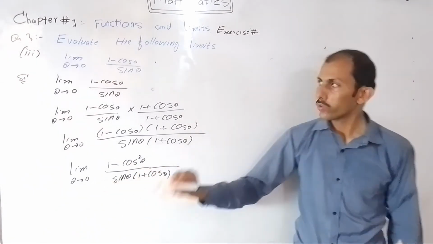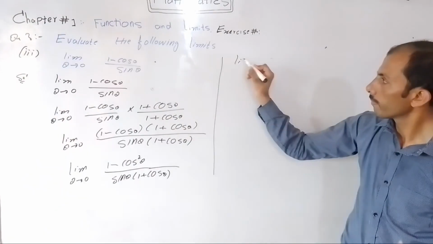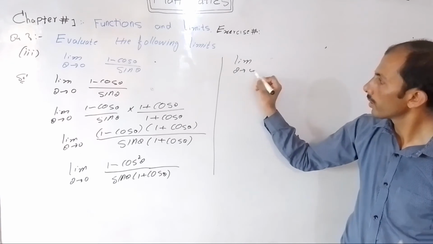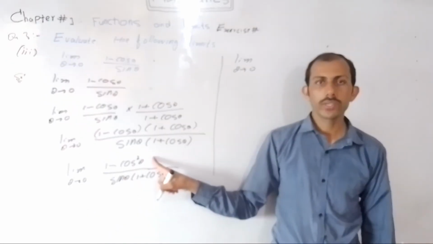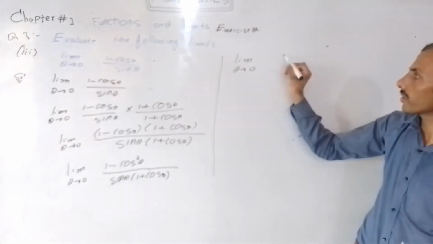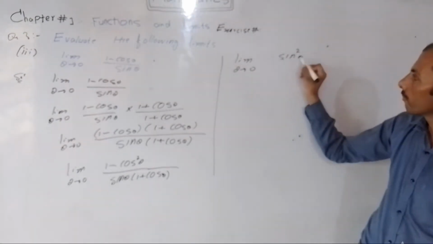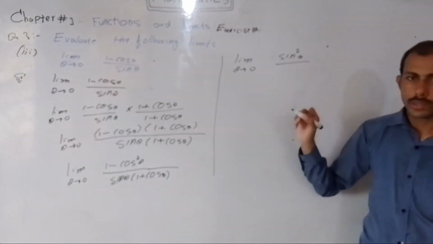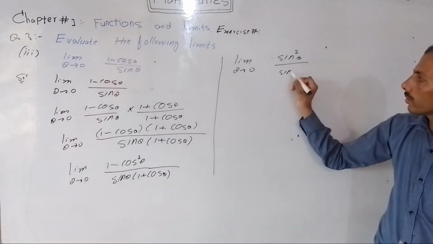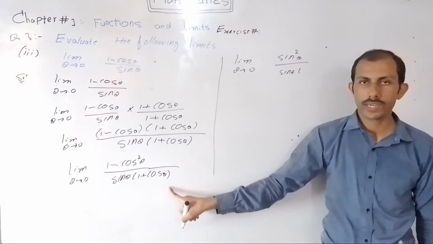Since 1 minus cos squared theta is equal to sin squared theta, this is sin squared theta divided by sin theta into 1 plus cos theta.